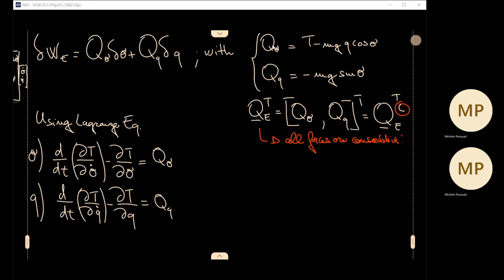Okay? If you just take the derivative of this T, which is super simple, we have just this one. T is super simple. We have to derive with respect to theta dot here, q dot and q, and that's it.